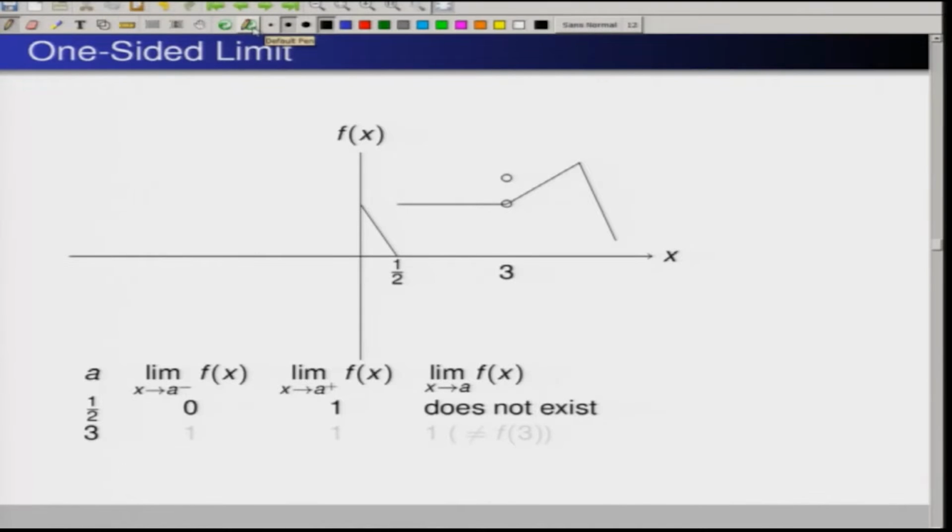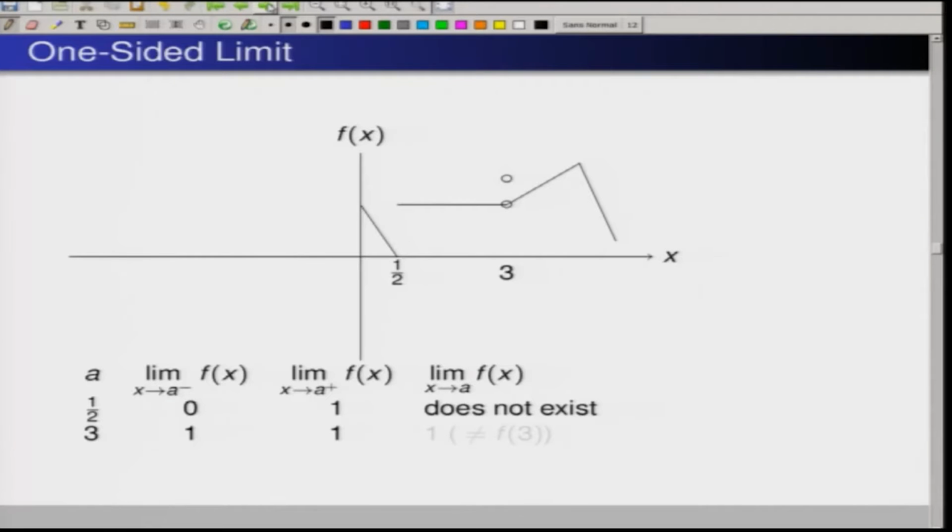Also, if you look at 3, if I am approaching from the left side, all the values are taking 1, so the left hand limit is going to be equal to 1. From the right hand side, the values are going to be closer to 1, so the right hand limit is also going to be 1.